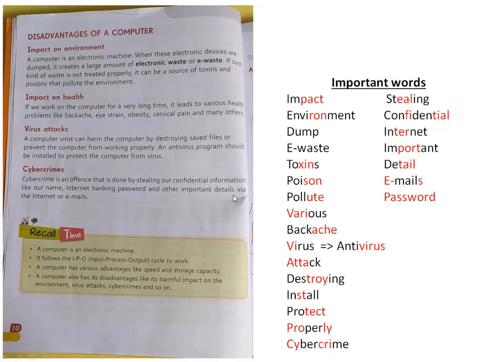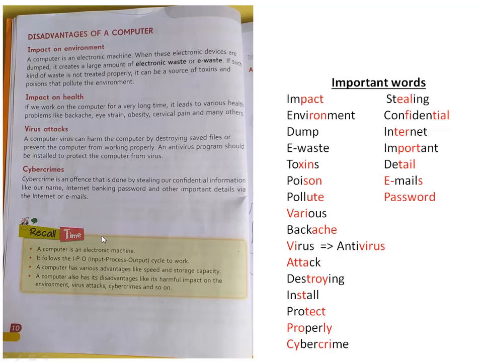And other important details via the internet or emails, right? So, what is cybercrime? Cybercrime is an offense that is done by stealing our confidential information like our name, internet banking password, and other important details via the internet or emails.